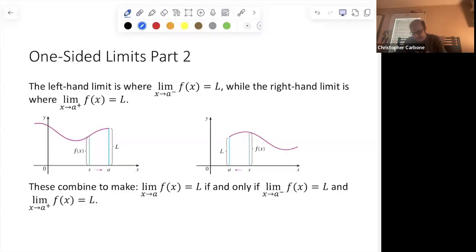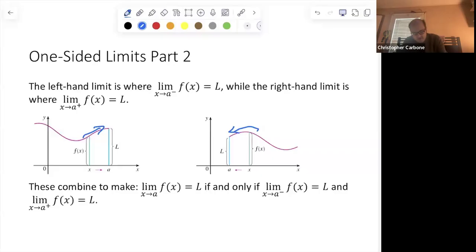Which I just wrote out over here too. The left-hand limit is where the limit as x approaches a, with that little negative symbol to denote from the left, of f of x is equal to L, while the right-hand limit is the limit as x approaches a, with that little positive symbol to denote the right-hand side, of f of x is equal to L. And we could see that happening on both of these particular pictures as we're approaching left and right.